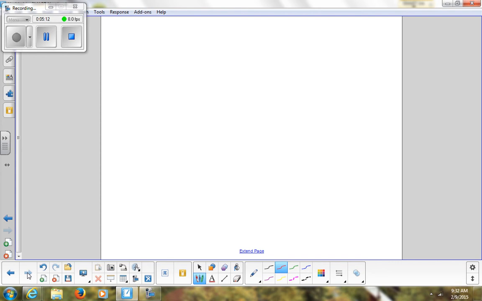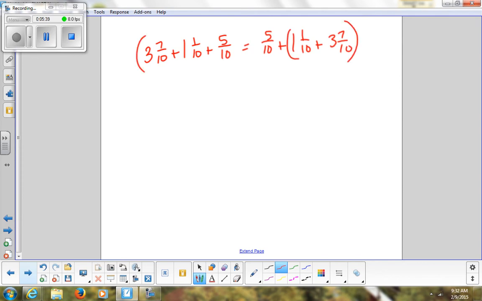Last one. This one's going to be tricky, so look at it very carefully. Tell which one's commutative. Make sure to almost put parentheses. Oh, parentheses.